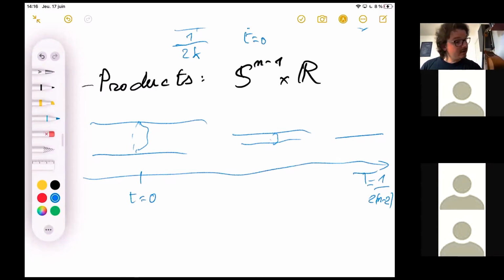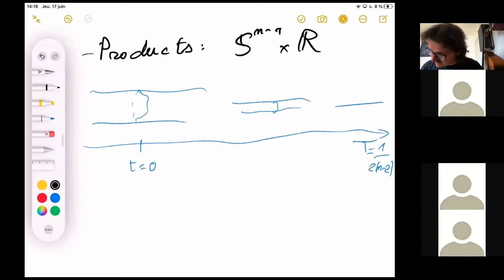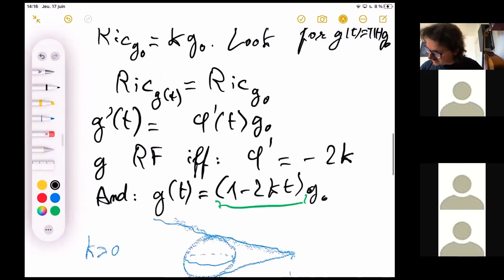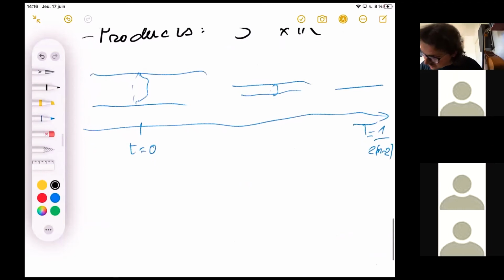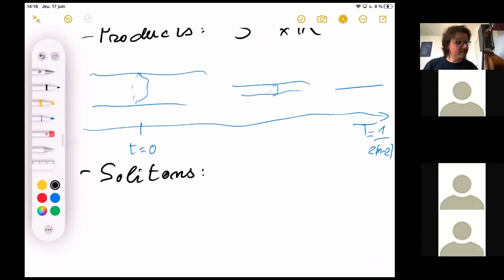Okay, and maybe some other kind of solution. Those are very simple solutions, but there's another kind of solutions which is a little bit more interesting, which are solitons, which in some sense don't move, because we make the following ansatz.